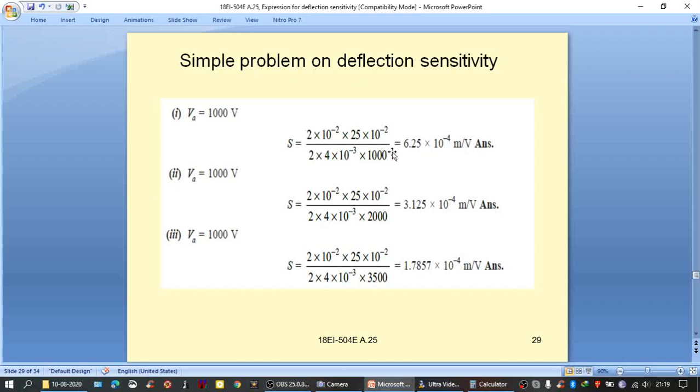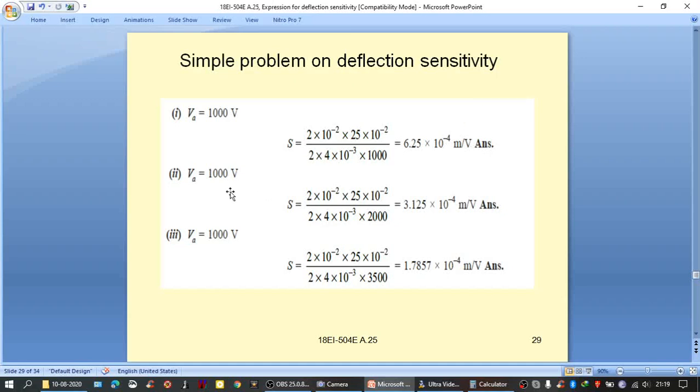So, if you do the calculation here, you arrive at the value of deflection sensitivity as 6.25 into 10 power minus 4 meters per volt, or in other words, 0.625 millimeters per unit deflecting voltage in vertical direction.